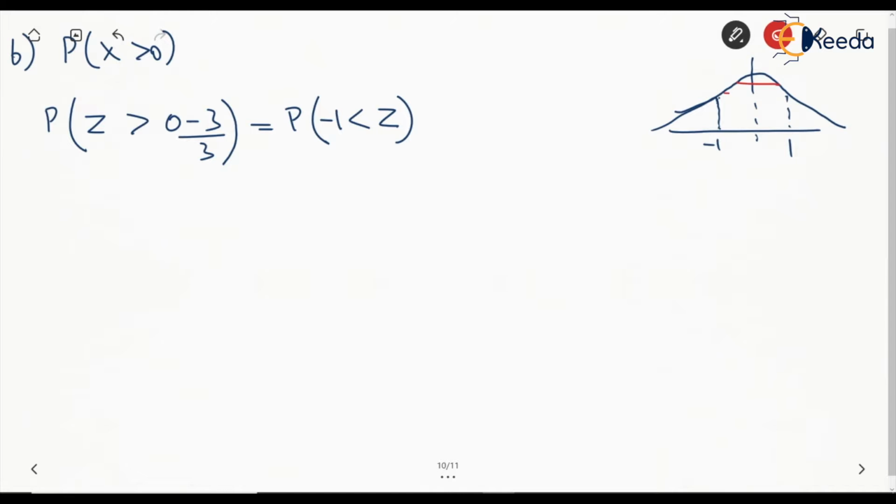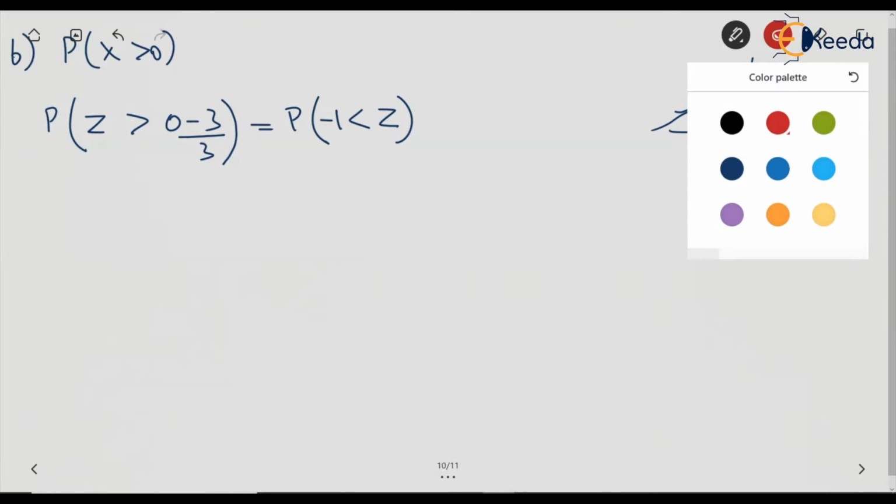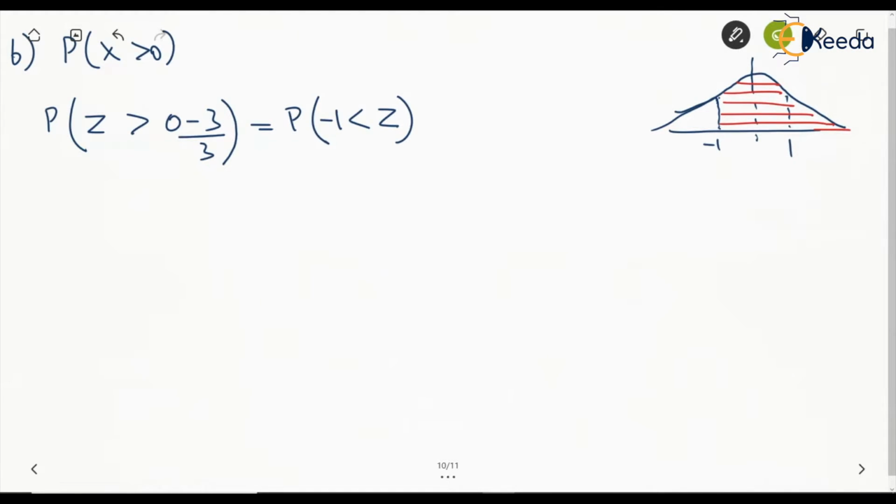So this will count all these values, right? But do you observe that any value greater than -1 is also same as any value less than 1, right?